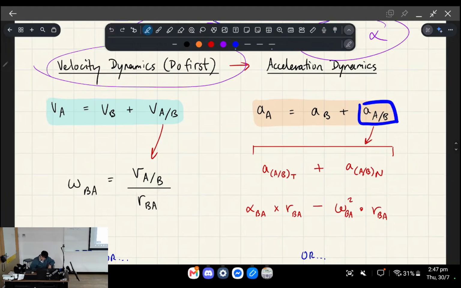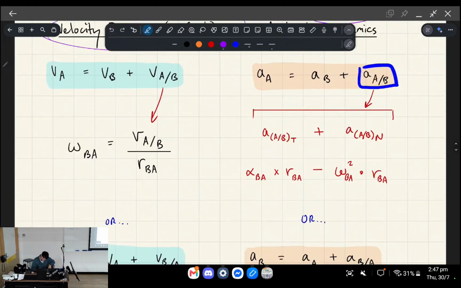This one follows this formula and this one follows this formula. The tangential one is a cross product between your angular acceleration and the lever arm. And then your normal component is going to be negative, which is important, and I'll explain in a second.